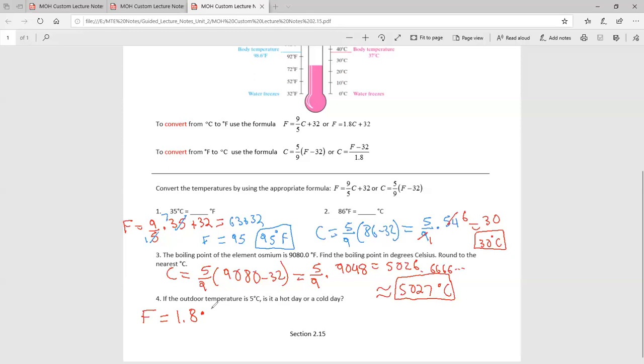Times the temperature in Celsius, which was 5. And then we add our 32. So 1.8 times 5 plus 32. Well, 1.8 times 5 is going to be 9. That's 9 plus 32, which is 41. And that's going to be in degrees Fahrenheit.